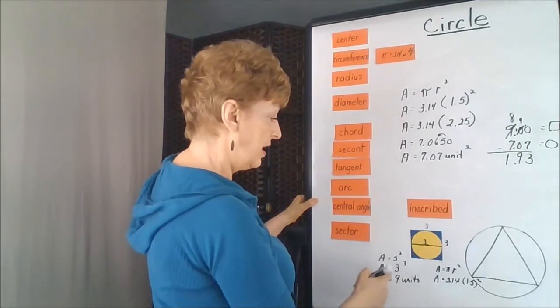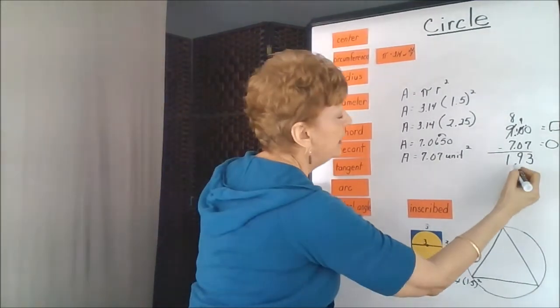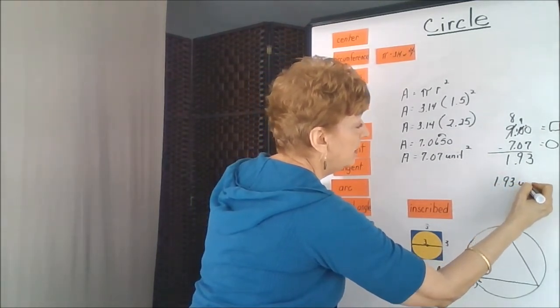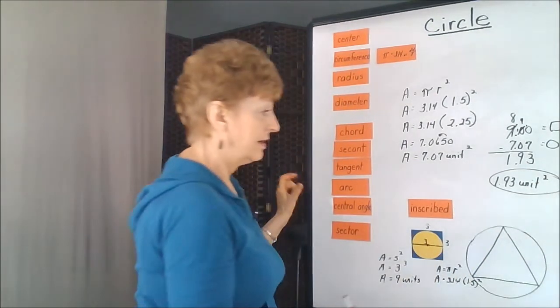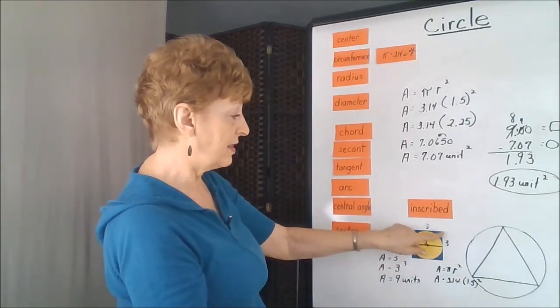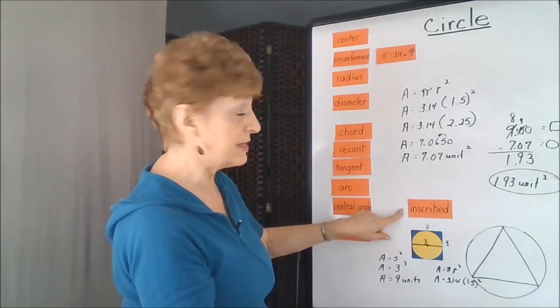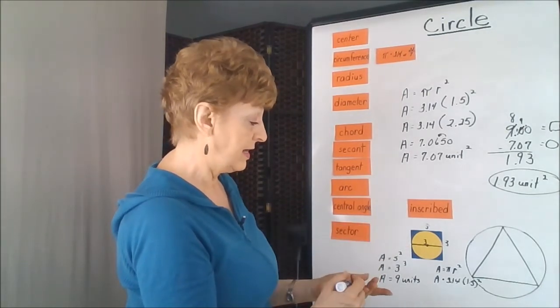So the area of the square that's showing is 1.93 units squared. And that is all that we have area for the square, because the circle, which was inscribed within the square, takes up most of the room.